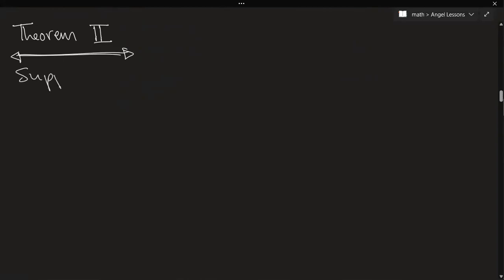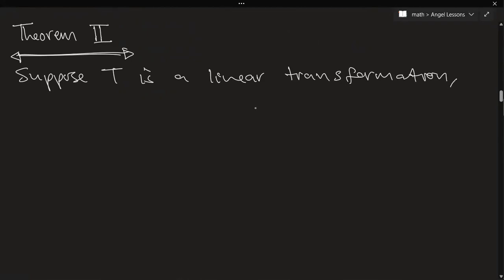Suppose T is a linear transformation such that T maps V onto W. If V has a basis, what do we call this thing?